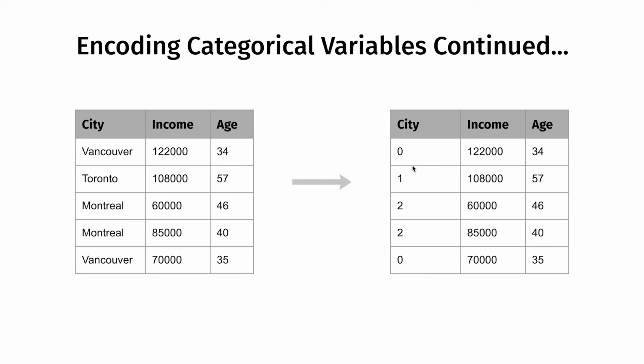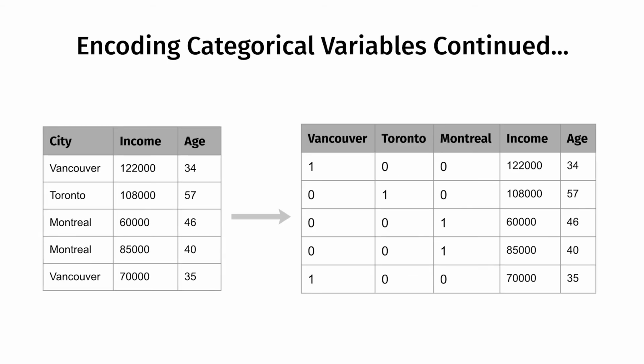For example, Montreal may be perceived as greater than Vancouver, when actually there is no relationship order between these three cities. So to avoid this problem, each category is turned into its own binary column as shown on screen. This allows the model to make an association between your categories and your target variable without ranking the categories.